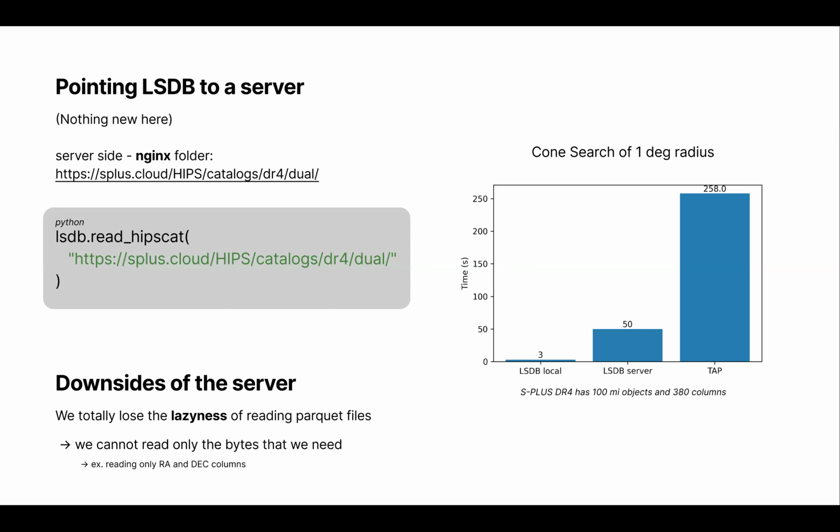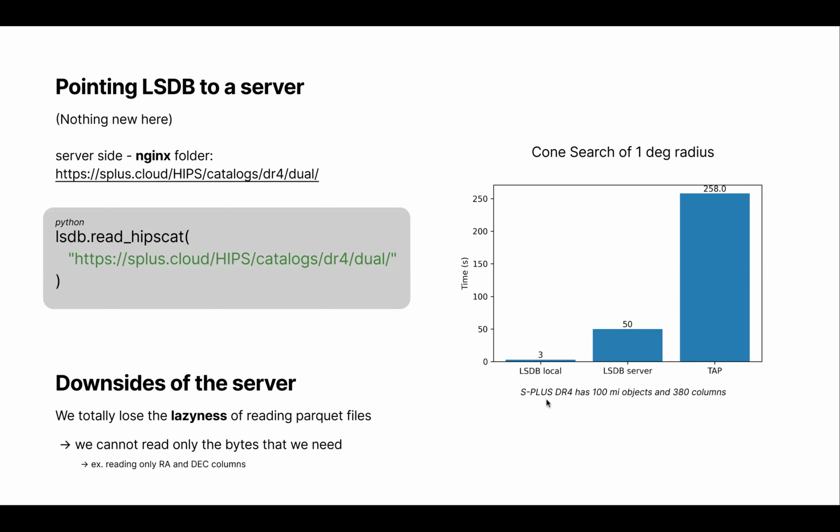But an important thing to mention is that these tests were made on S-PLUS DR4, and DR4 has 380 columns. And when you are querying through a remote HTTP file system, you lose the laziness of reading Parquet files. So, for example, you cannot read only the RA and Dec columns.